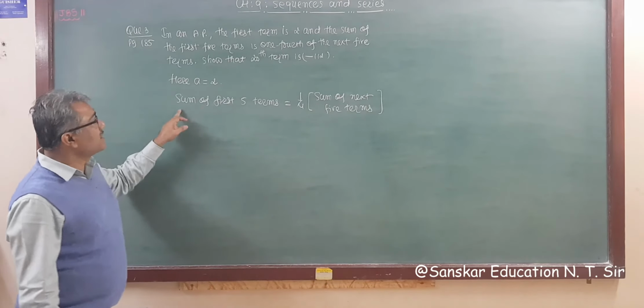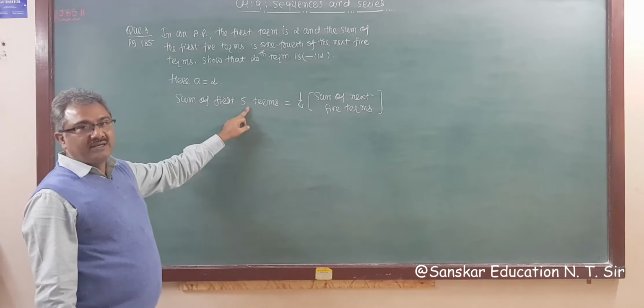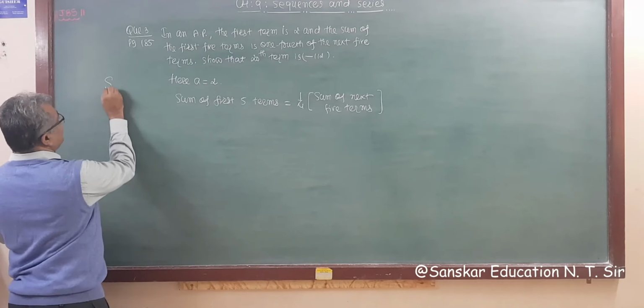Now it is given the sum of the first 5 terms, right? We have a formula for the sum of first n terms, called Sn.